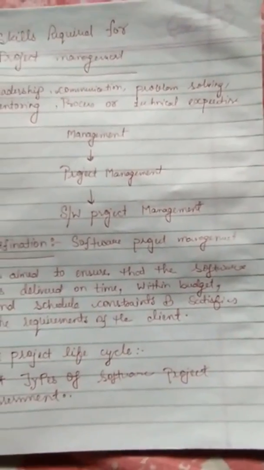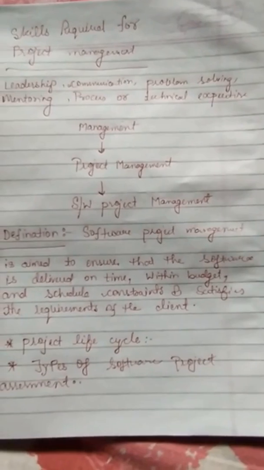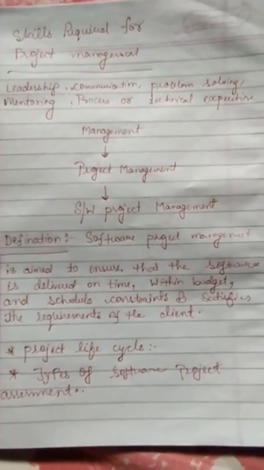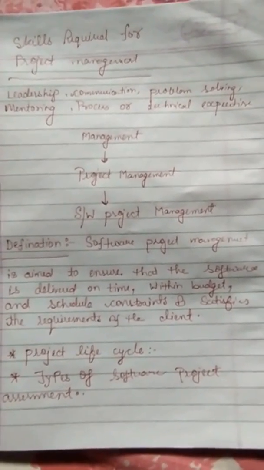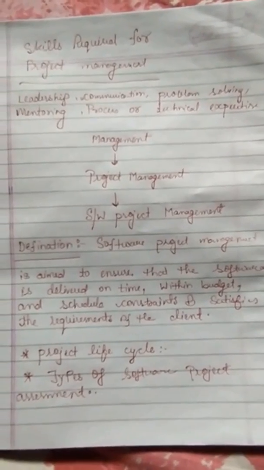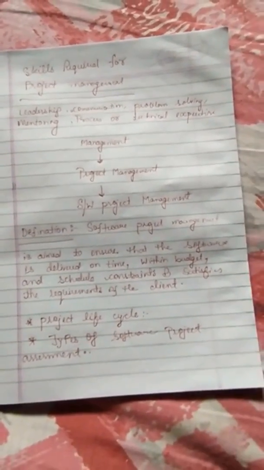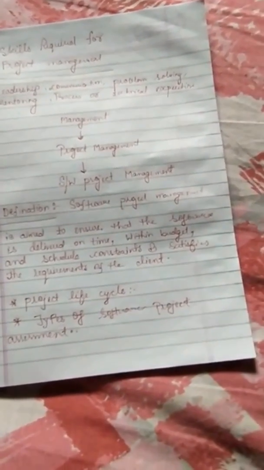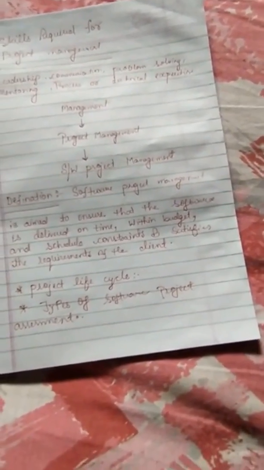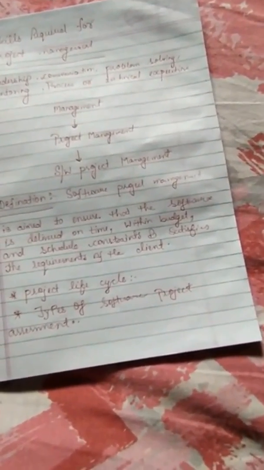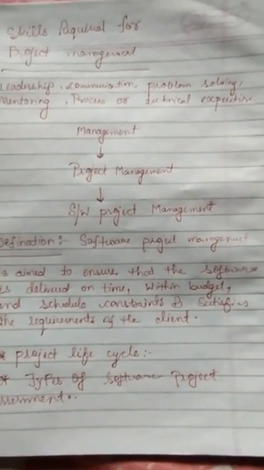The definition of software project management is that it is aimed to ensure that the software is delivered on time. Whatever the software organization has undertaken should be completed within the specified time and budget.